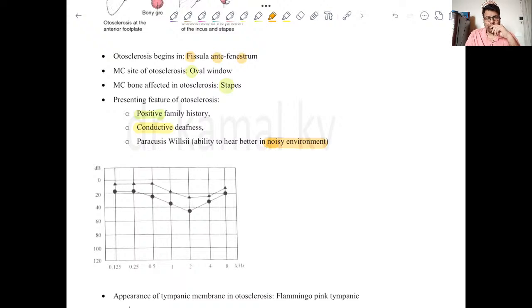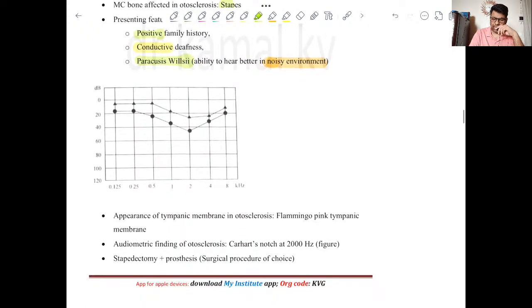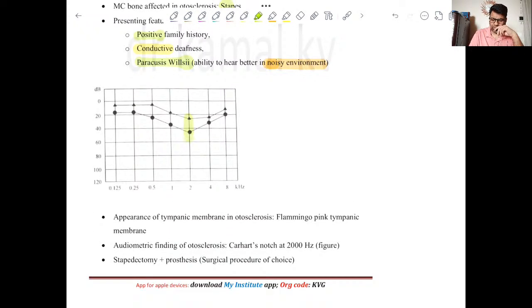So the persons will speak louder, and the patient takes the advantage of that and hears better. This term is known as paracusis willisii, and this is the improved hearing in case of noisy surroundings. Apart from that, in Carhart's notch, you can see a dip at 2000 Hertz.